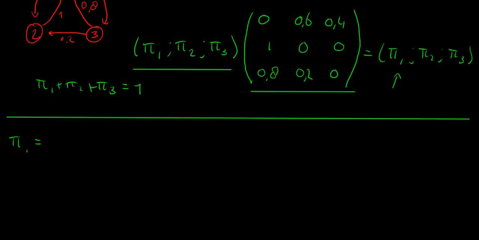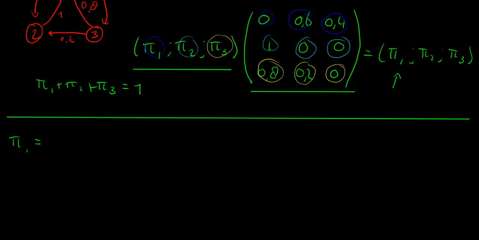which will be, of course, pi 1 multiplied with 0, and then you get pi 2 multiplied with 1, and pi 3 multiplied with this. Then again, these are all multiplied with each other and added.